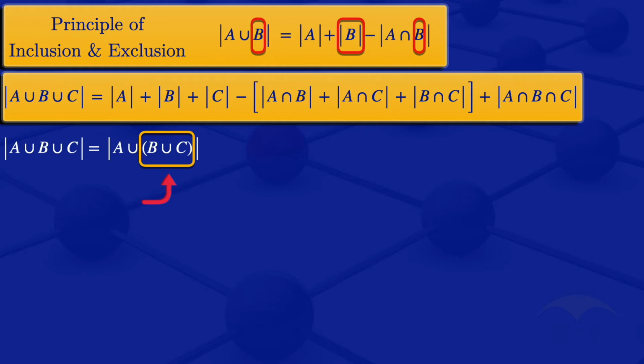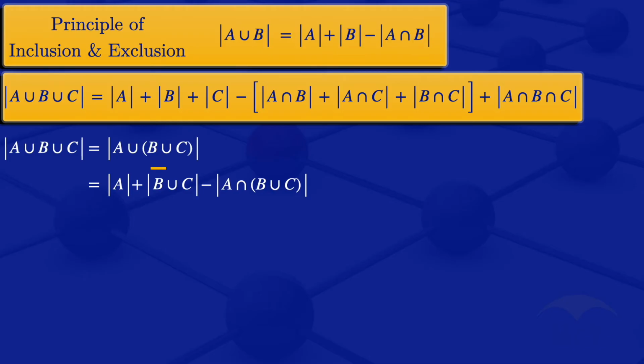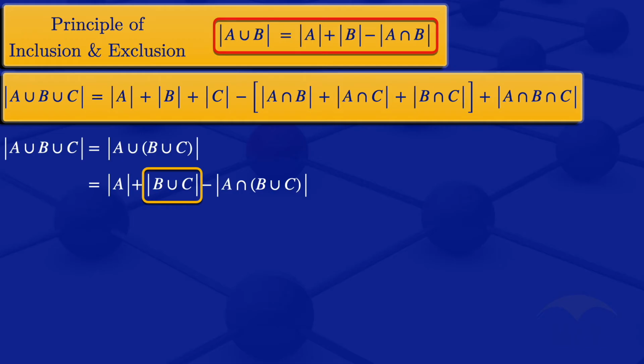So our expression will become the cardinality of A plus the cardinality of B union C, minus the cardinality of A intersection B union C. Now looking at this part here, we have two sets B and C, and we are taking their union. We can use the principle of inclusion and exclusion again.